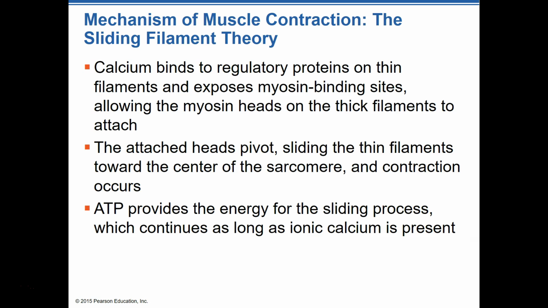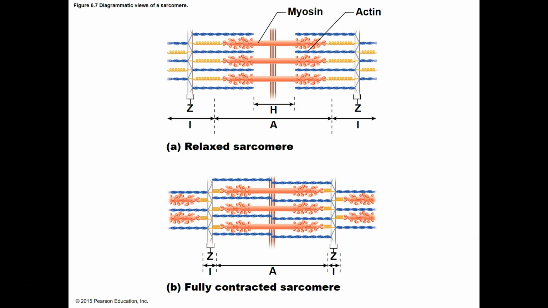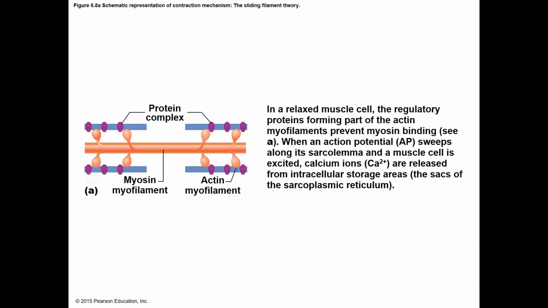That's how it releases the energy. In order to reset that myosin head, it takes ATP to reset it back in place. So that's what's happening. I know your book doesn't get real in depth into that, but that's what's happening on a microscopic level when we allow the actin and myosin sites to come into contact with each other.